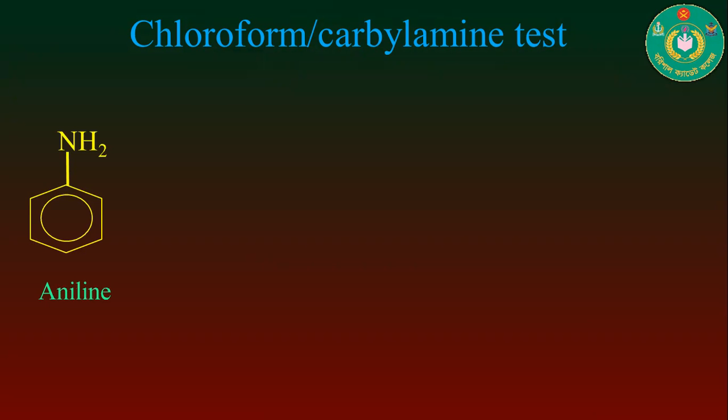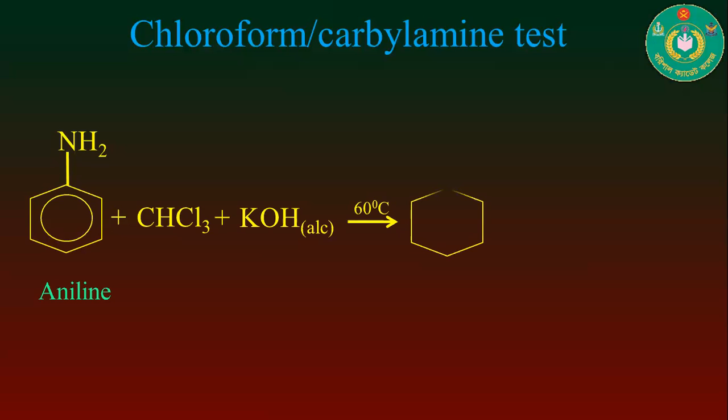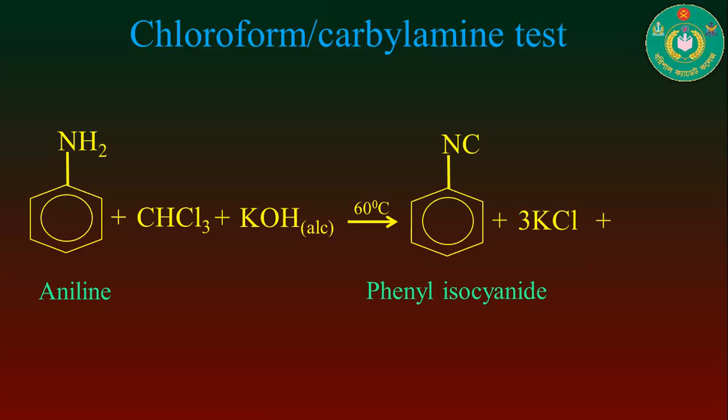When aniline reacts with chloroform in the presence of alcoholic potassium hydroxide or sodium hydroxide base at 60 degrees Celsius temperature, then a carbylamine compound is produced, whose other name is phenyl isocyanide. And by this reaction we can identify aniline, a primary amine, or chloroform compound.